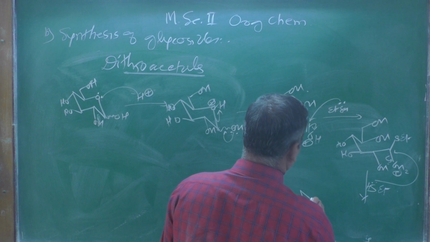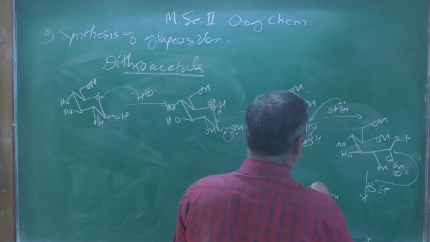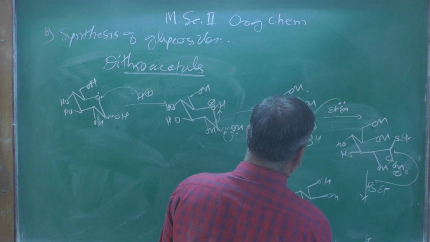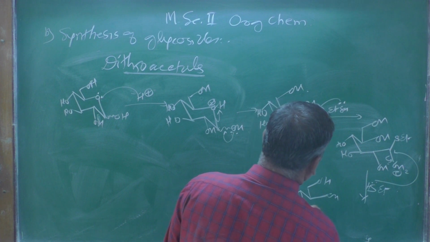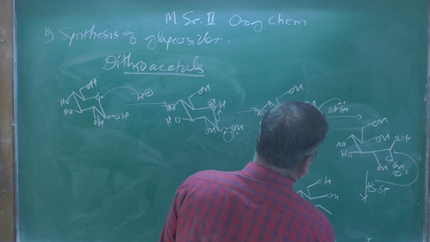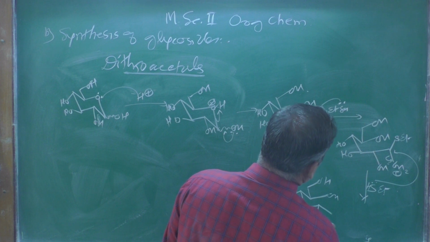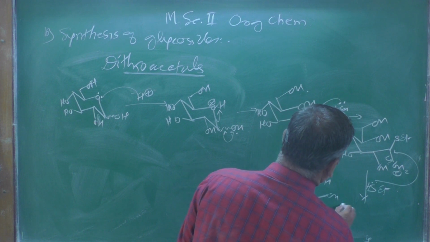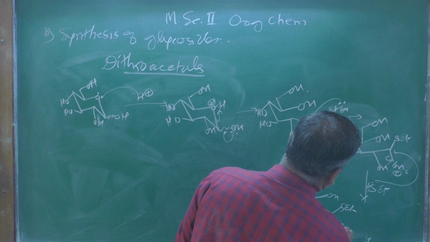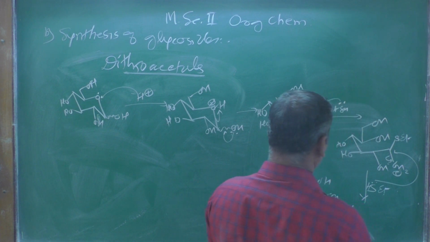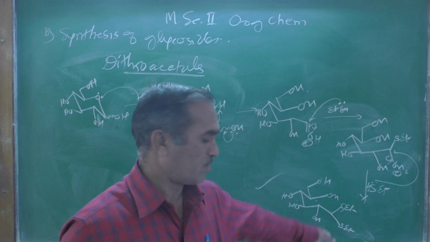So you will get this one OH, then OH, hydroxy group over here, then one hydroxy group here, OH, and there you can write SEt and SEt. That is the compound which we will get, that is a dithioacetal.